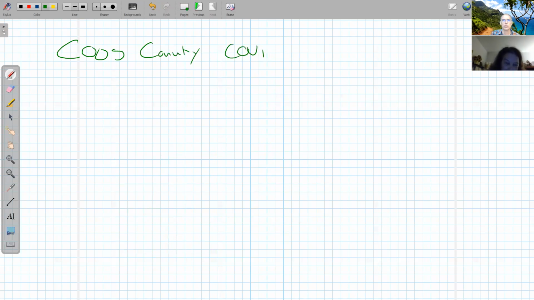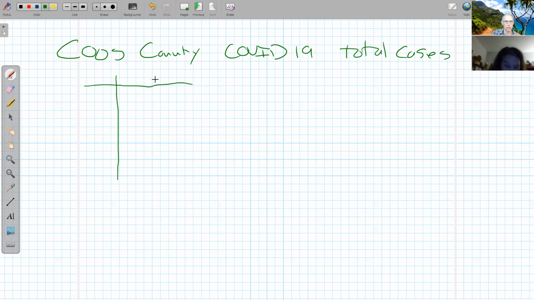COVID data. This is total cases. I'm going to make 3 columns here. I'm going to put the month here, and then what I'm going to call the month for the X value, and then Y is going to be the total cases.